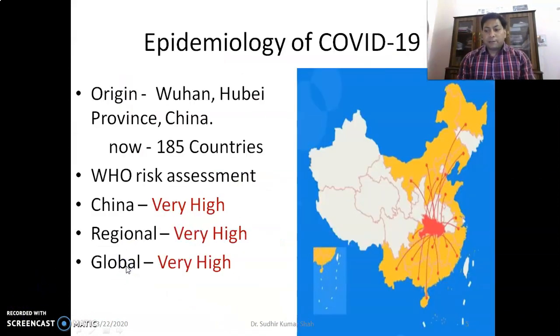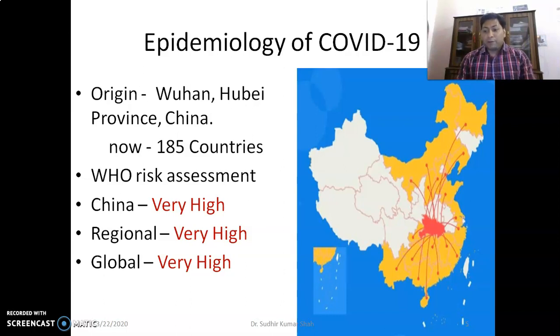Now, looking at the spread of COVID-19 globally, the disease started from Wuhan province in China in December 2019. Slowly, it spread across the world.